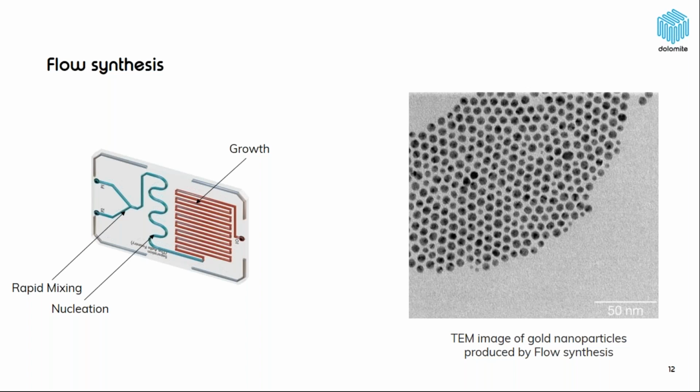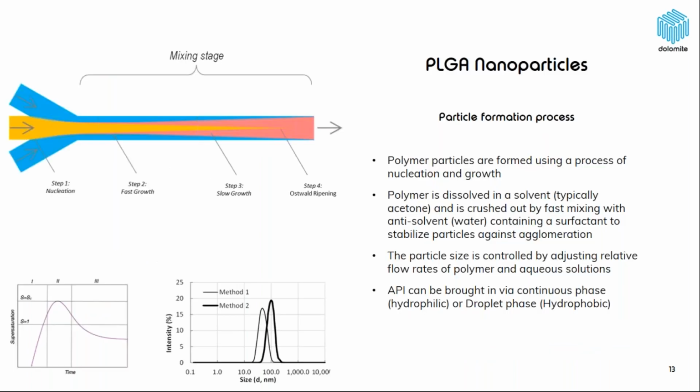So how does that translate to making polymer particles in flow? Well, the same theory persists and guides the synthesis of these particles. What we're doing is we are taking PLGA solution in a water miscible solvent. So typically this is PLGA dissolved in acetone. And we're taking it to a junction where we're mixing it with an anti-solvent, in this case, water.